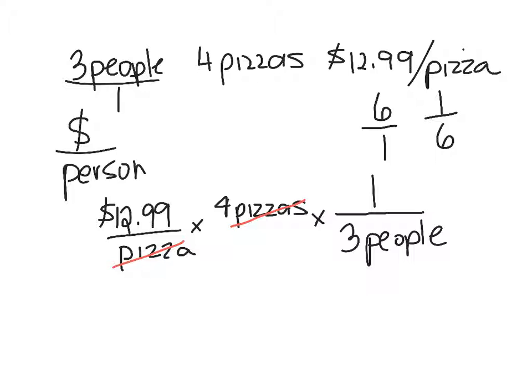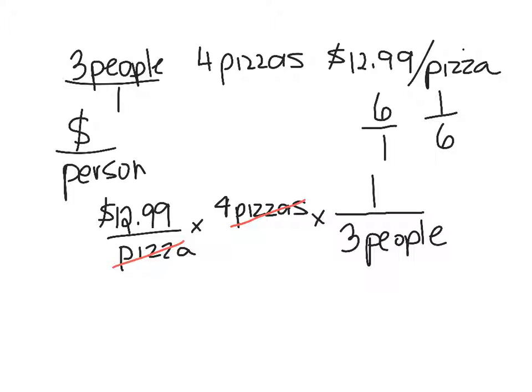So now, if I look at my units, I've got dollars over people, which is what I want, right? Another word for people is persons. So what you do on your calculator now is you take any number that's on top and you multiply.